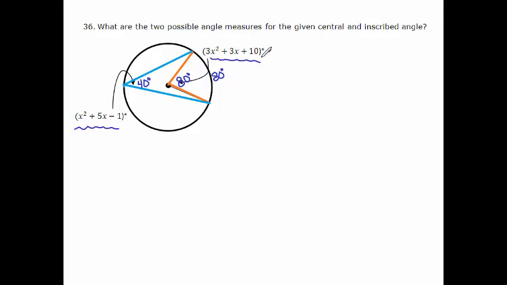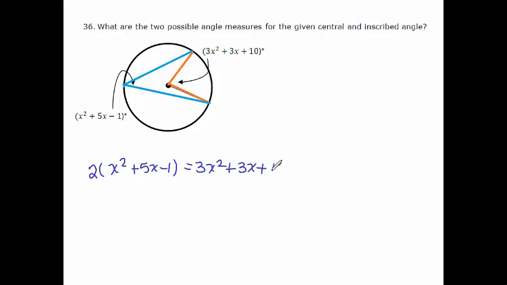So that's an equation that I can set up to find the value for x. So 2 times x squared plus 5x minus 1 will equal 3x squared plus 3x plus 10.